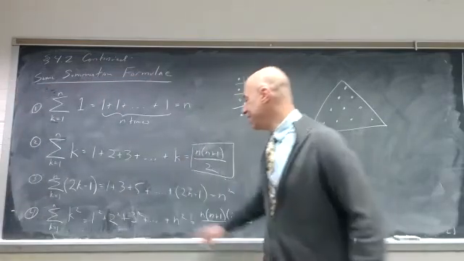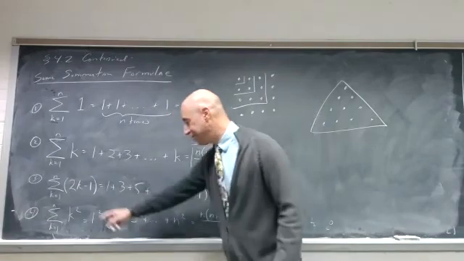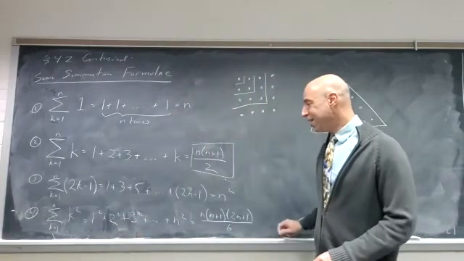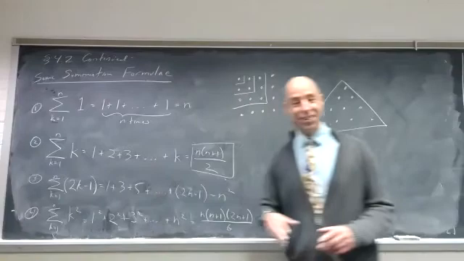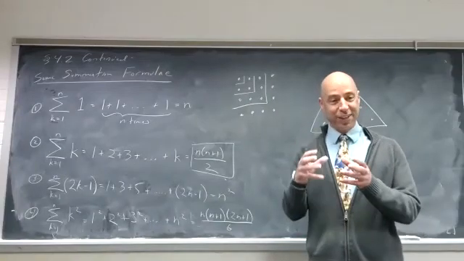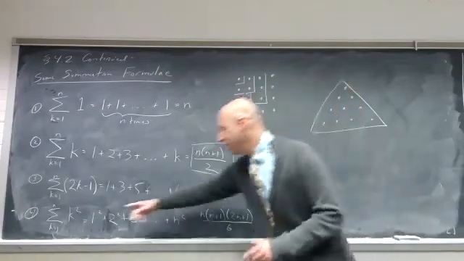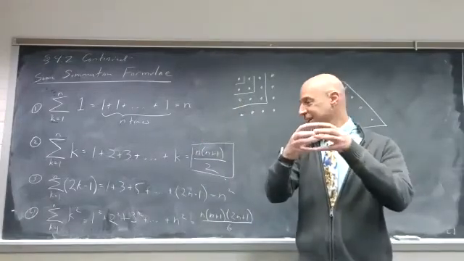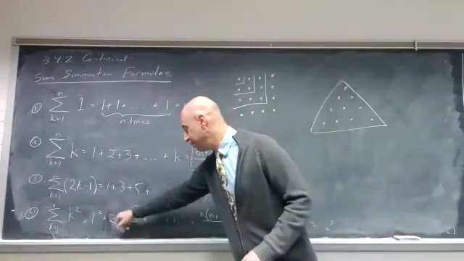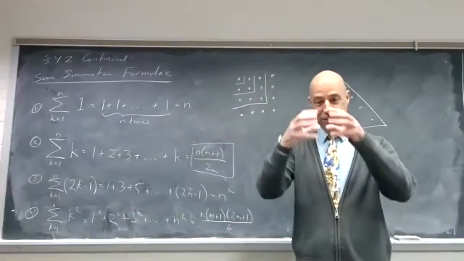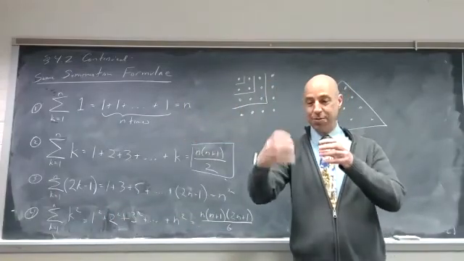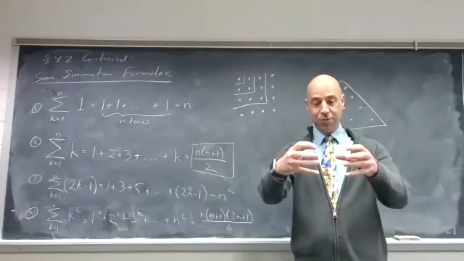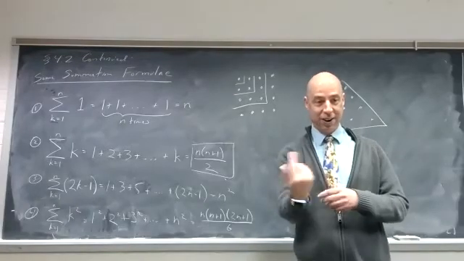So if you're wondering how to visualize this, if you're a visual kind of person, think of each of these things as a stack of oranges or cannonballs. So 1 squared is just one orange, one sphere on the top. And it's sitting on top of 4 oranges, a square of 2 by 2.